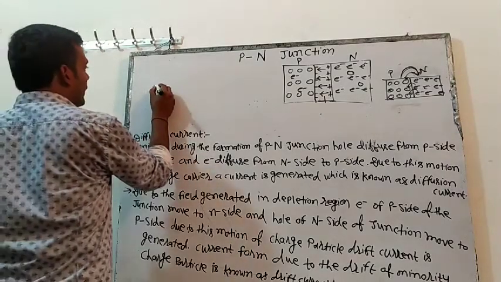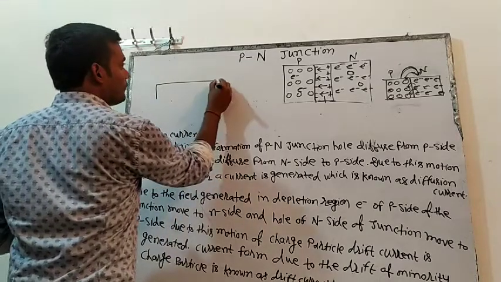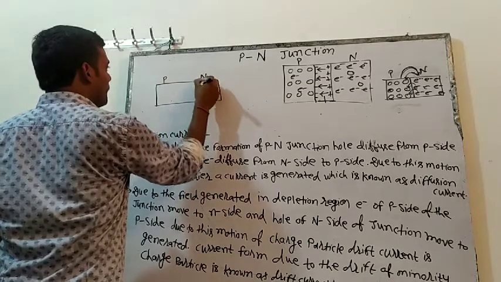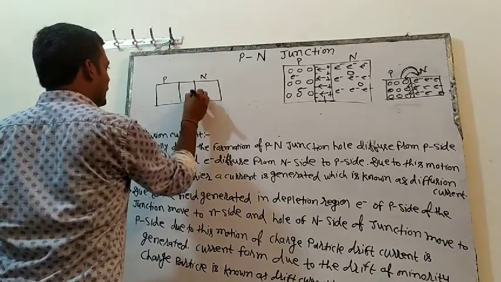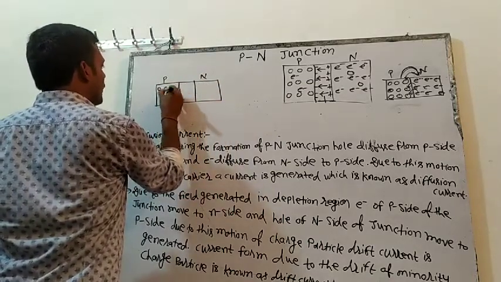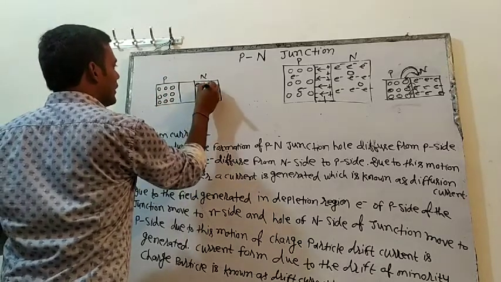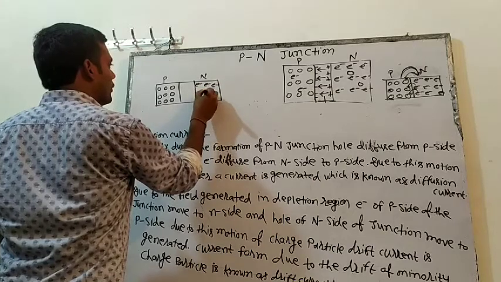Try to understand this figure. This is P, this is N, right? Here is hole, here is electron.